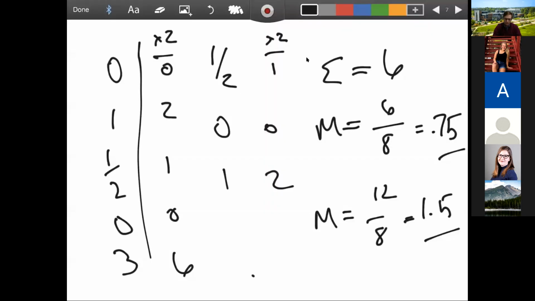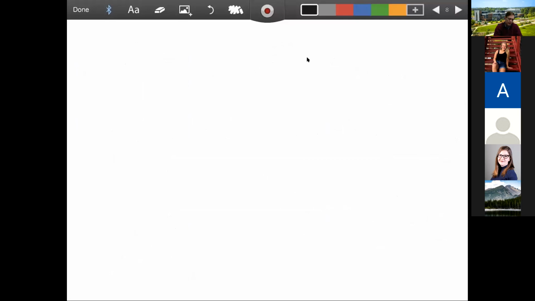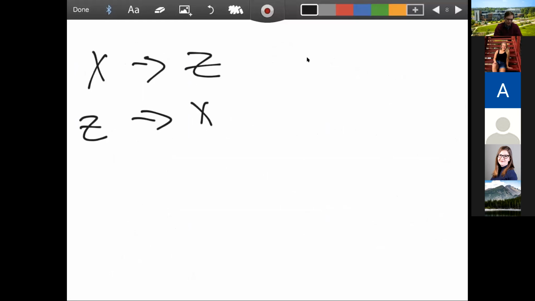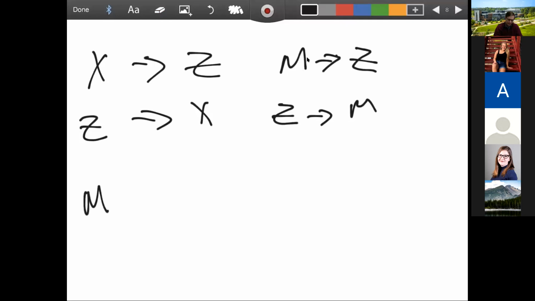But know how to calculate from X to Z, how to calculate from Z to X, same things with mean to Z, and from Z to mean, know how to calculate the mean itself, know how to calculate the standard deviation, know how to calculate the sum of squares, how to calculate the variance, how to calculate the standard error of the mean.